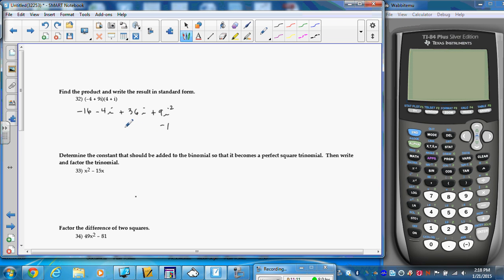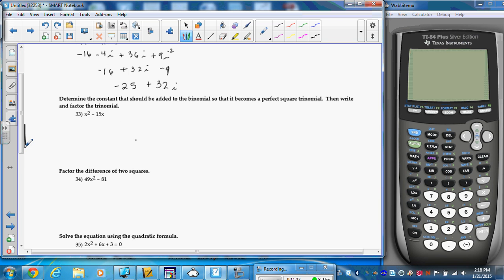These two are like terms, so it's going to be plus 32i and negative 16. Now these two are like terms. So in question number 32, our answer is, I'm sorry, this is a 9. Negative 1 times 9 is negative 9. So our answer is negative 25 plus 32i.